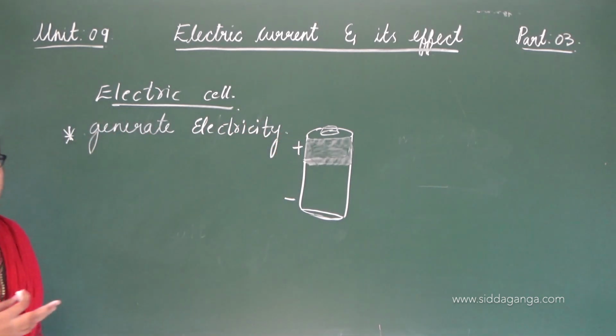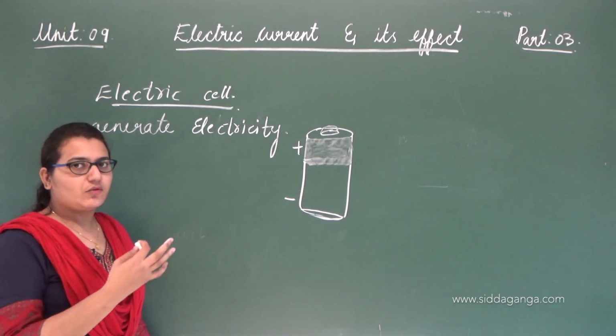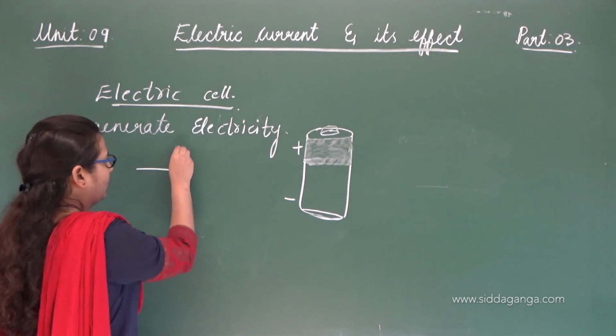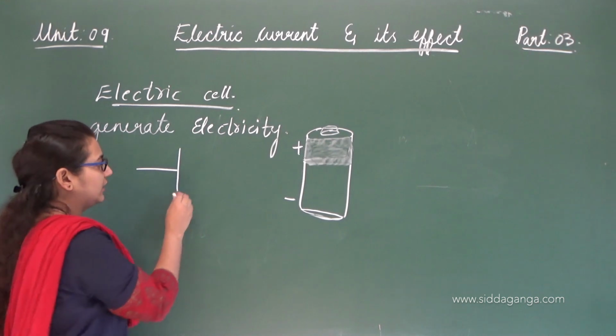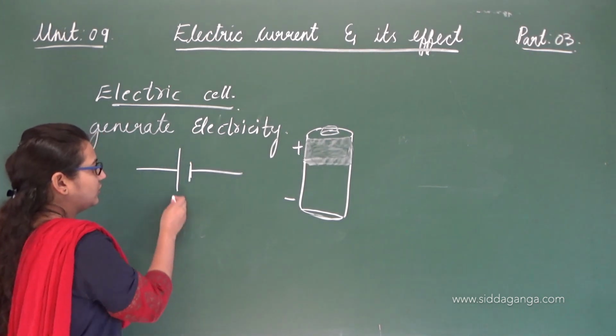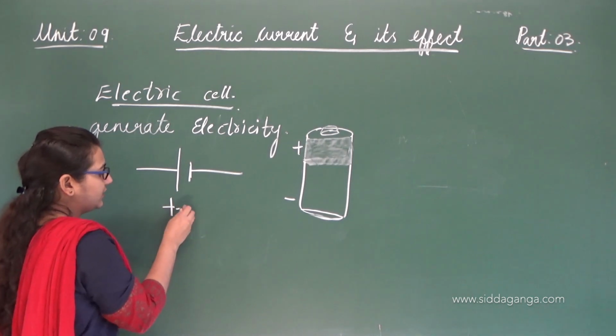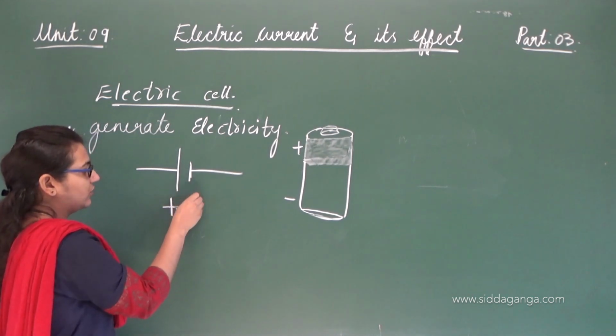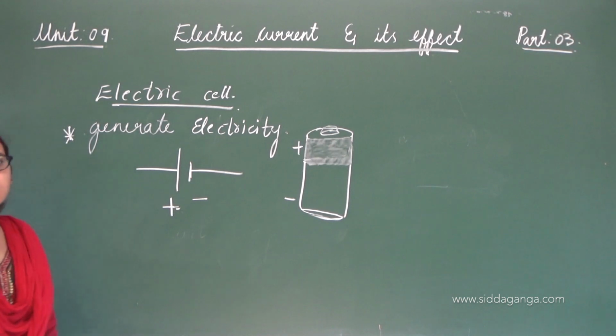This is the one which generates electricity, and the symbol for the cell is one long line and the other one a shorter line. The longer line we mention as positive, and the shorter line as negative.